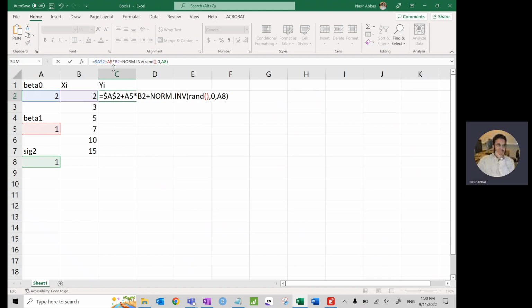They choose randomly. Like the standard normal distribution, most of the values are between -3 and +3, right? So if you say from standard normal, it will choose any number. Probably it will be between -3 and +3. Randomly from anywhere it will come. With 0, there is maximum probability. So most of the times it will be close to 0 and so on, depending upon which distribution you want.